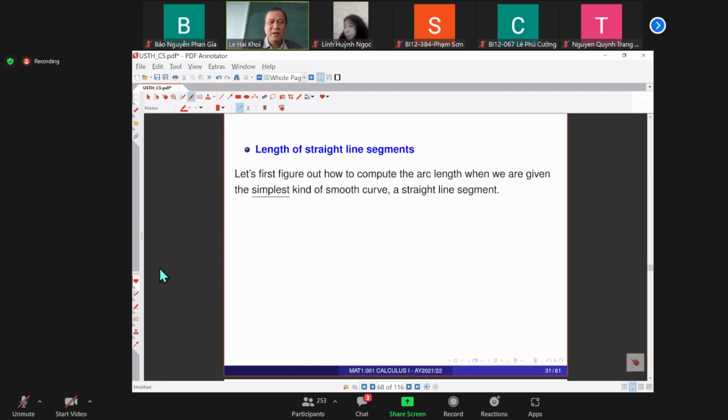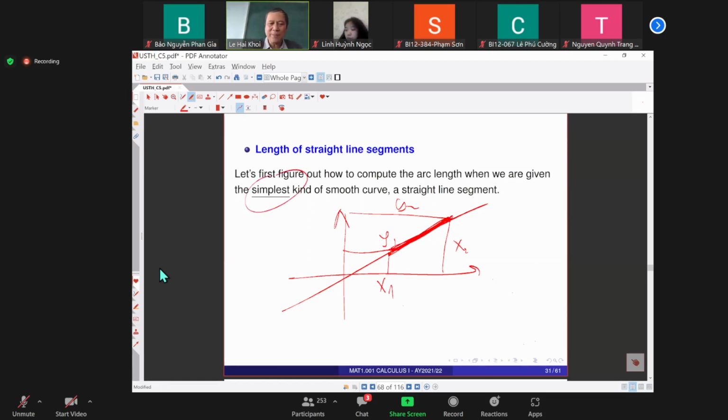Simple, right? When you have a straight line from this point to that point, x1, y1, x2, y2, then the distance means the length of this curve. The curve is simple, that straight line. This is the distance between P and Q, right?